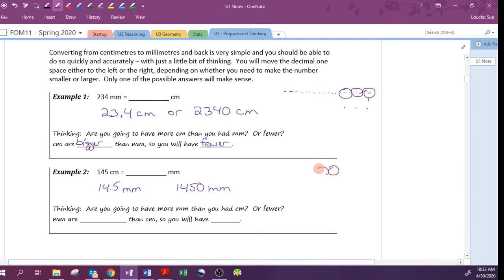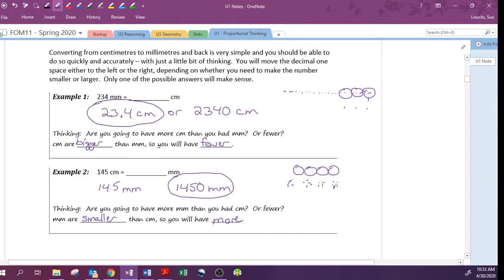I've got a centimeter and a centimeter and a centimeter and a centimeter, and each centimeter is now going to be 10 millimeters. Right? Because I'm just splitting it up into millimeters. So I'm going to have way more millimeters. They're smaller. So I'm going to have more. So my answer is going to be this one. And I realized I didn't actually answer the question up here. It's going to be 23.4 centimeters.